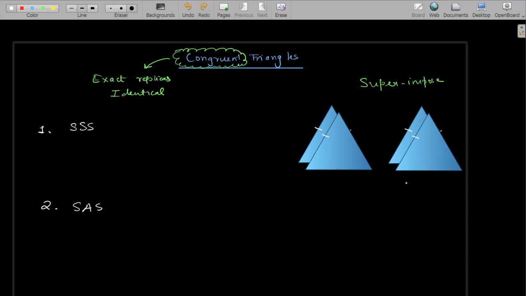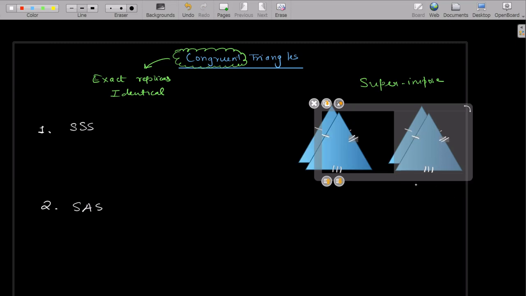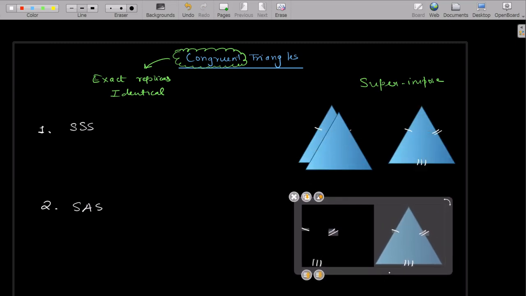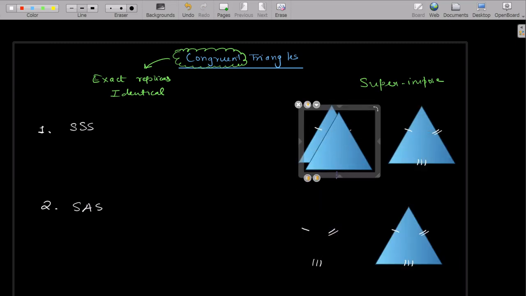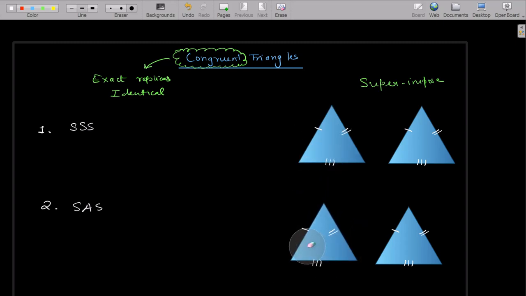Yes. Now the catch is, just one thing we have to keep in mind: the angle that we are talking about should be the included angle.